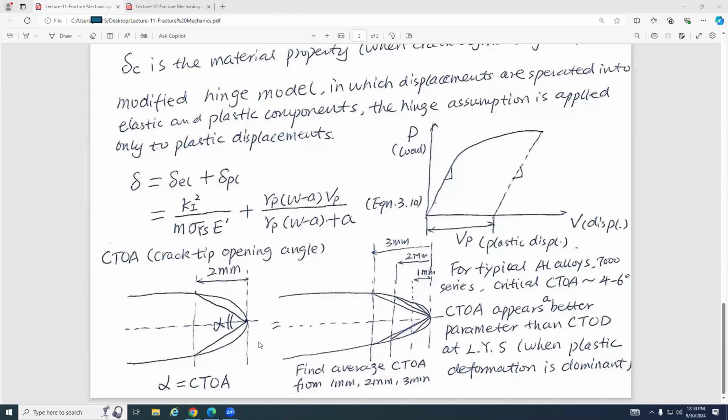So CTOA appears a better parameter than the CTOD at large scale yielding, when plastic deformation is dominant. So we have learned CTOD and CTOA, and how can we get this CTOA? Okay, maybe in our midterm exam, I will ask you to draw a figure, a diagram, on how to get the CTOD and CTOA.